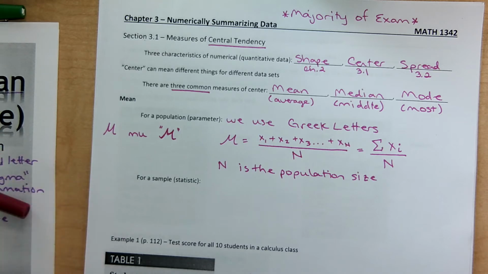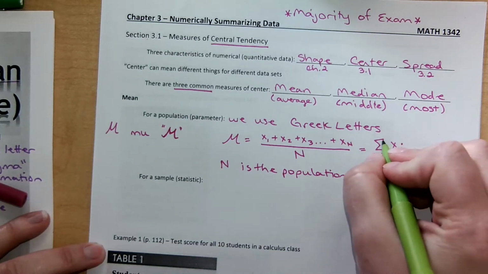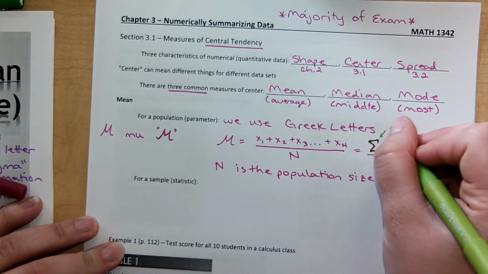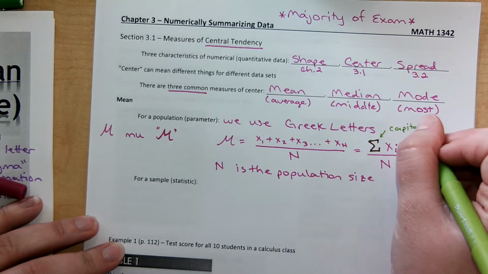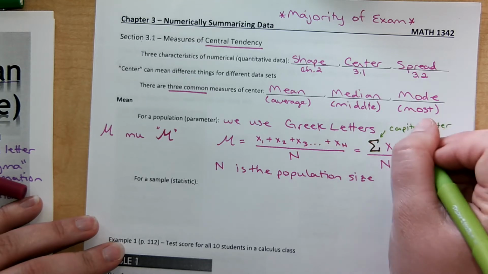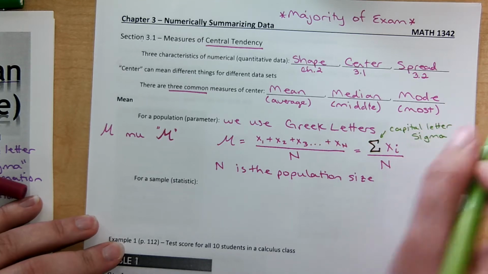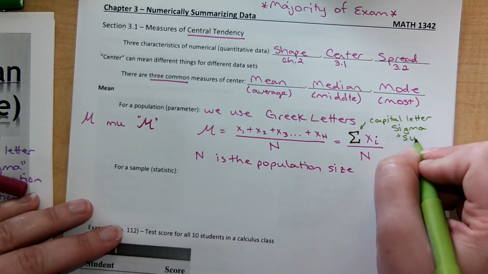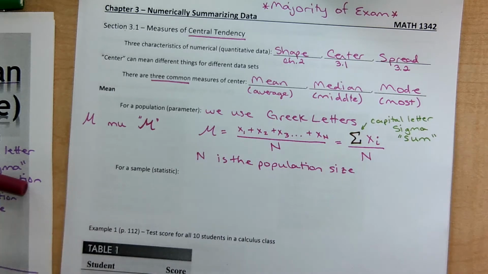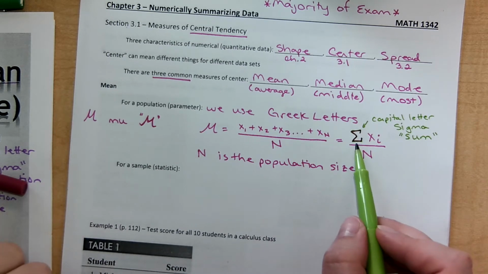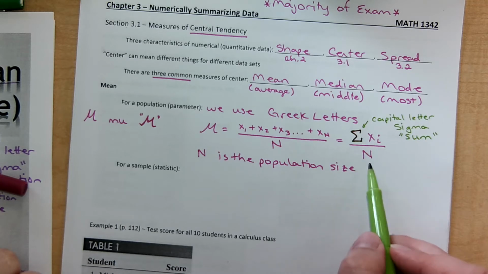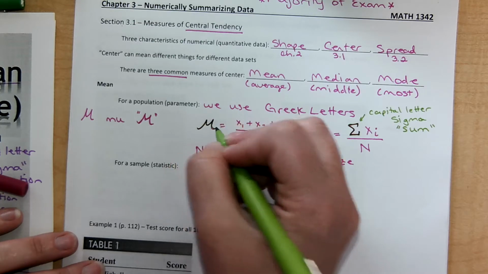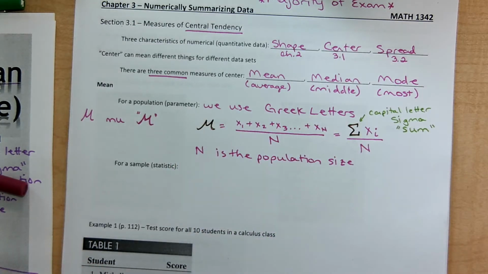You might have seen this symbol before as well. This kind of looks like a letter E to me. That is capital letter sigma. So again, a Greek letter, it's a capital letter sigma. And in mathematics, it means to sum. And you might have seen that in a different mathematics course. So we take the sum of all the x values and divide by the total. And that calculation gives us mu, which is the population mean.